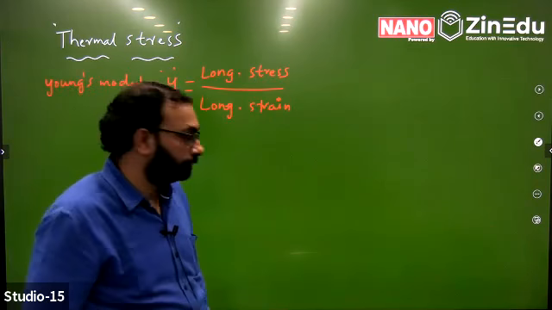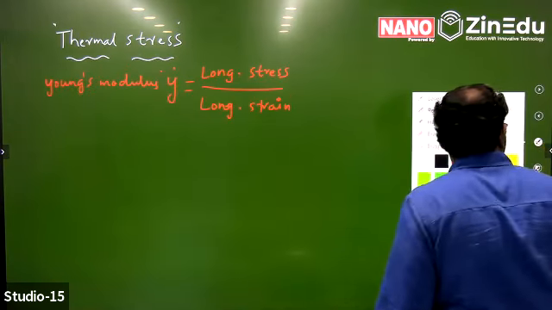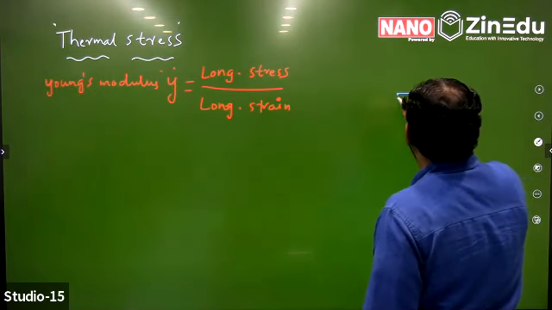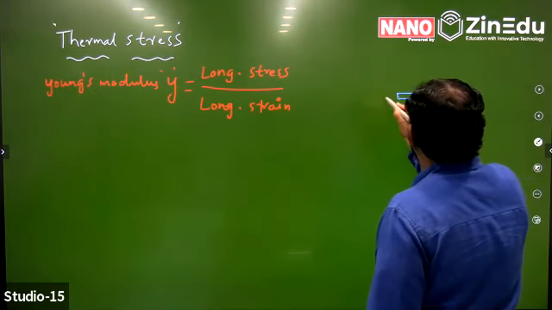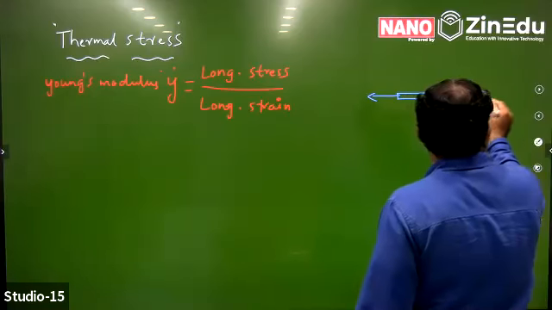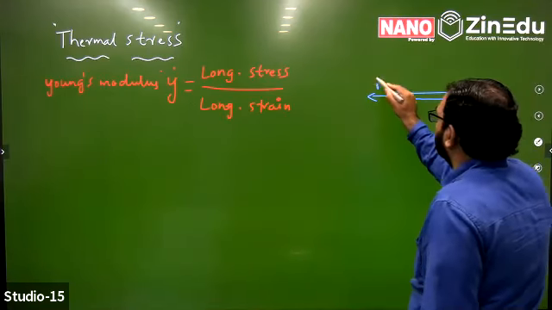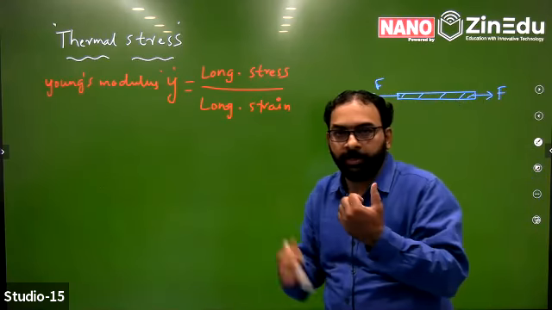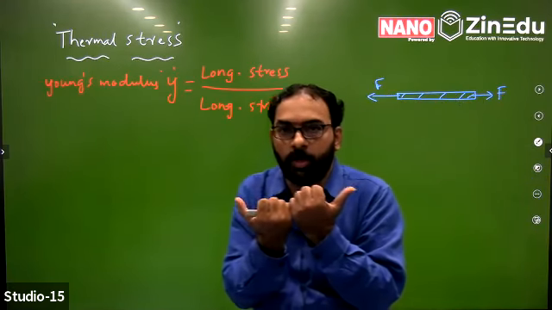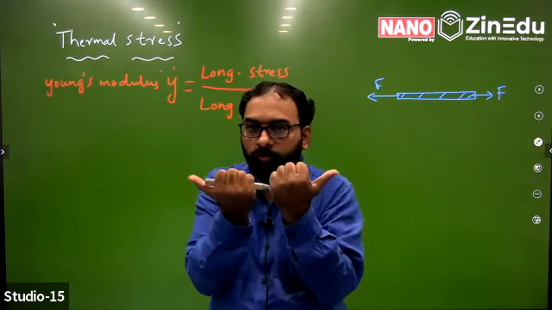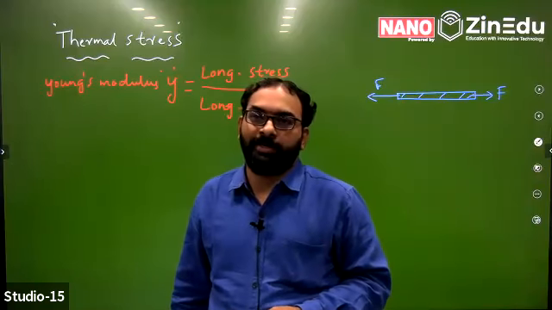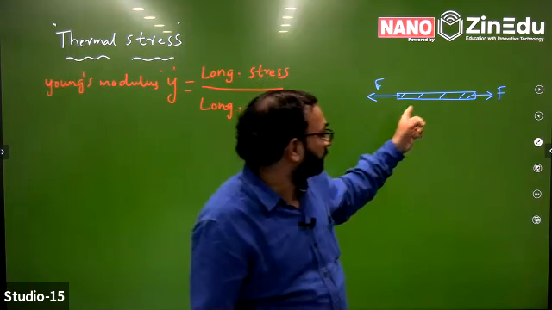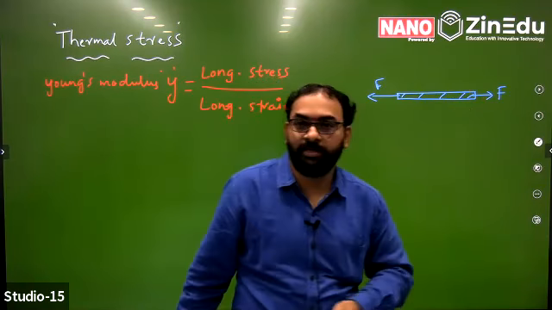This means suppose you have a wire or a thin rod, and this is the force applied here. The force is exerted normally to the surface. Two forces, this is a tensile stress, longitudinal stress, and this force is tensile in nature.